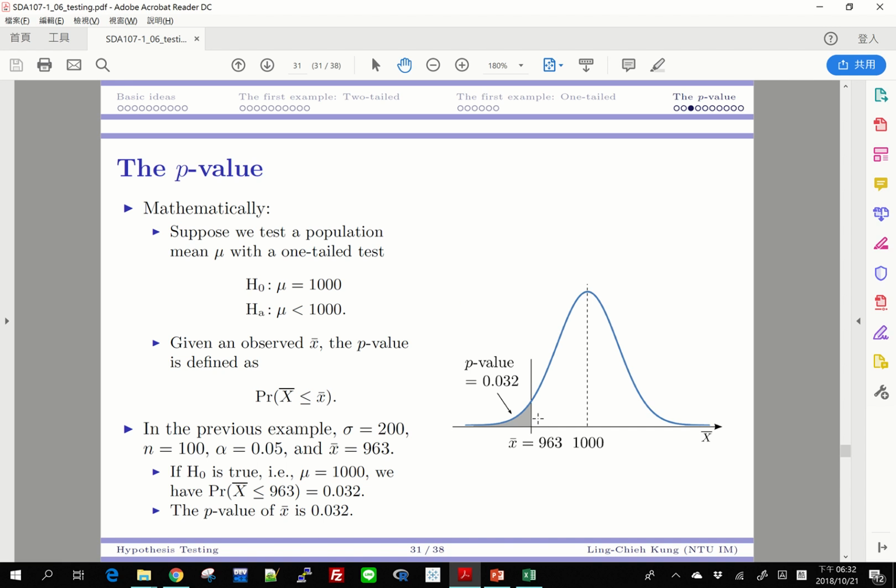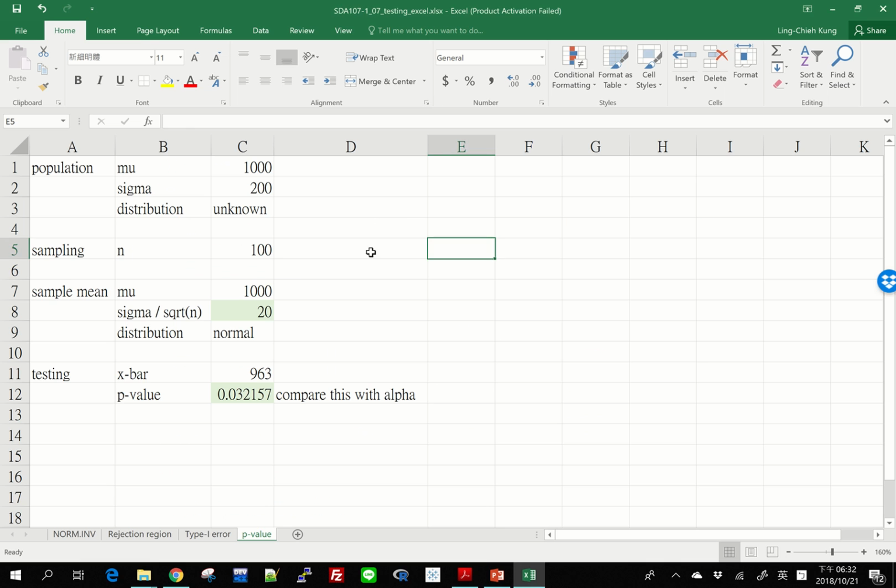Let's see how to use Excel to get that 3.2%. So actually, it's easy. We have the setting here. Our population information, mu is 1000, sigma is 200, and you don't need to know the distribution because your sample size is greater than 30. It's 100 now. Then we have our sample mean distribution. Just like previous videos, mu is still 1000 according to your population mean.